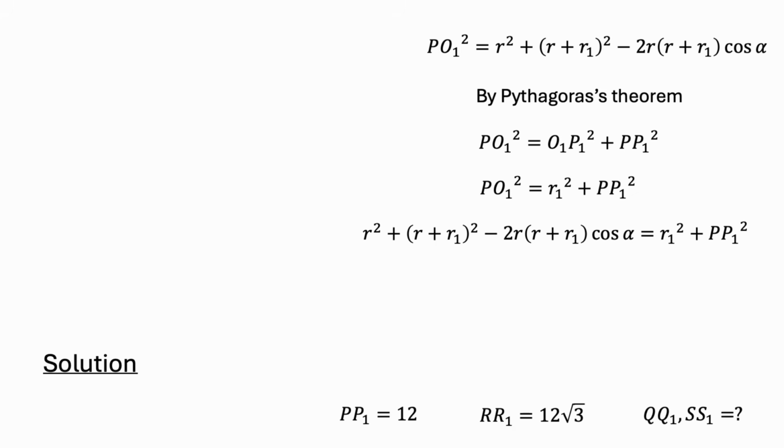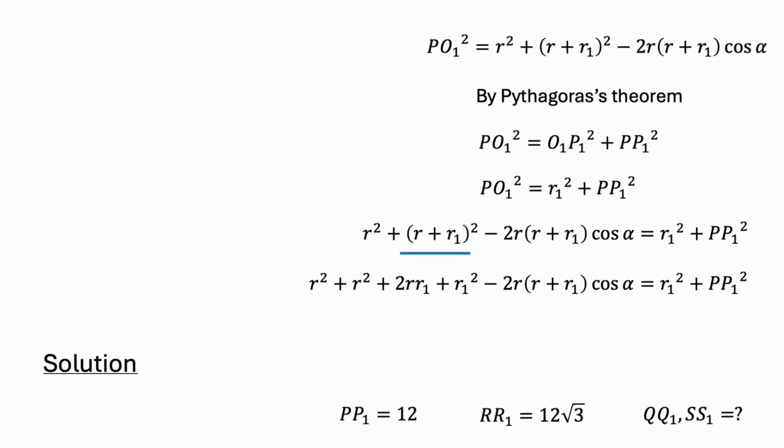Equating the two expressions for PO1 squared and expanding this term, we obtain this lengthy expression, which simplifies to PP1 squared equals 2R times (R plus R1) times (1 minus cosine alpha).